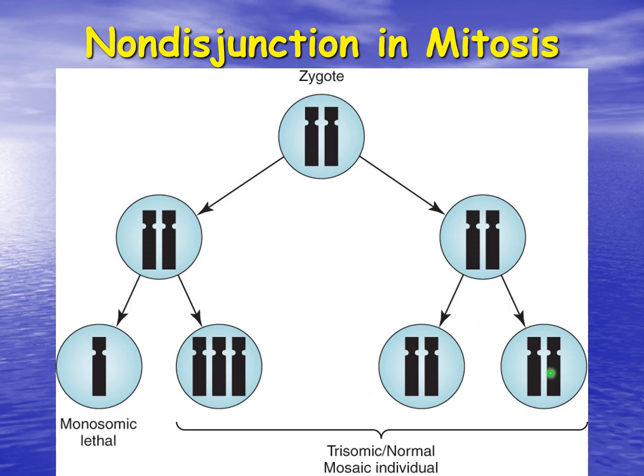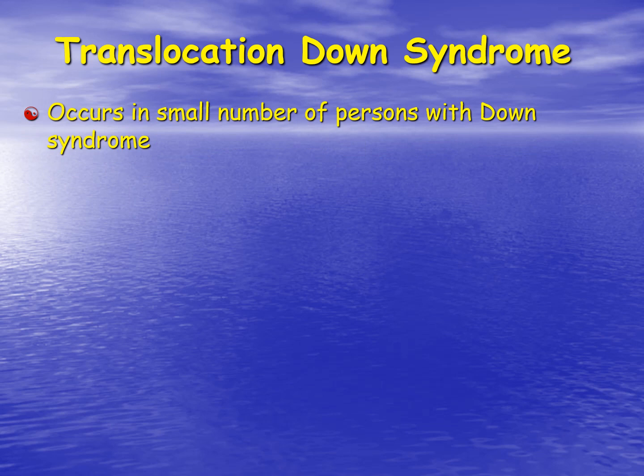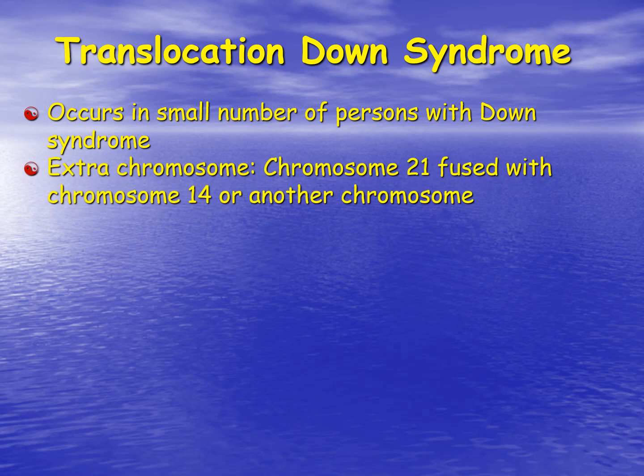So sometimes this non-disjunction occurs after fertilization, but most often it is due to non-disjunction in the formation of the ovum. Now, translocation: about the other 5% of Down syndrome patients will be due to translocation.